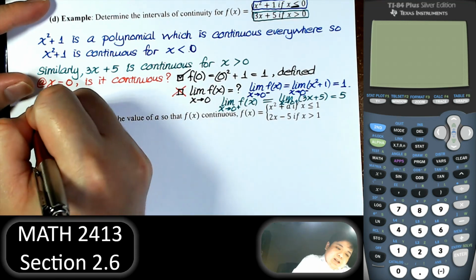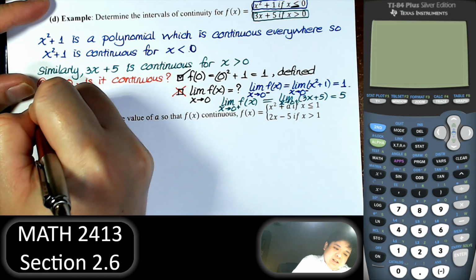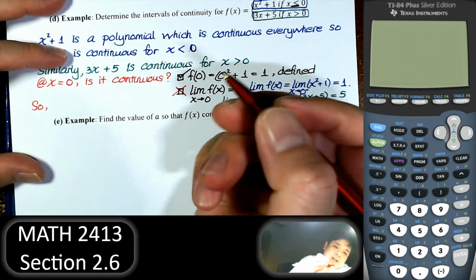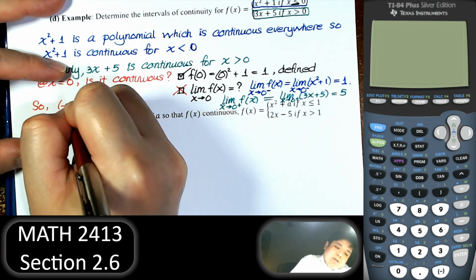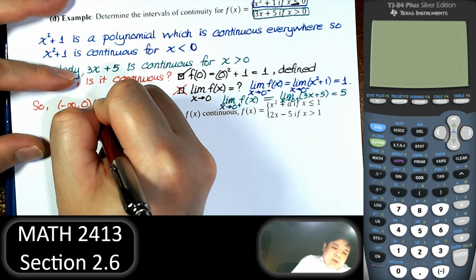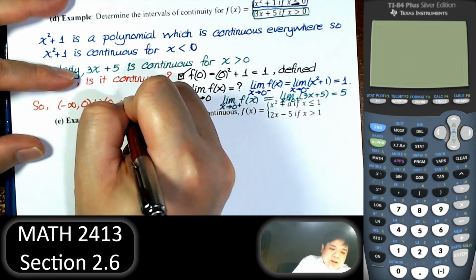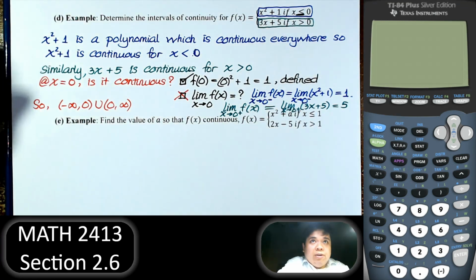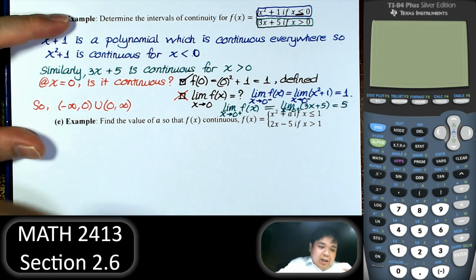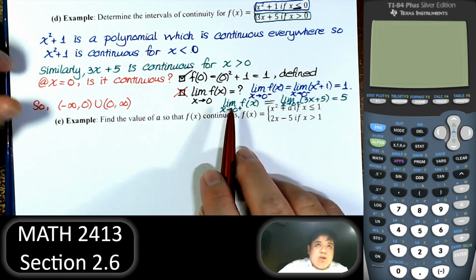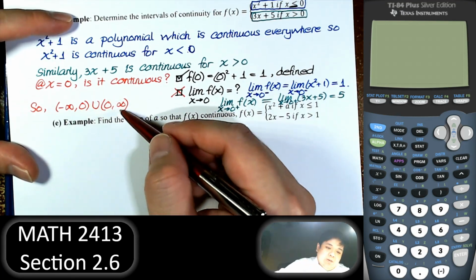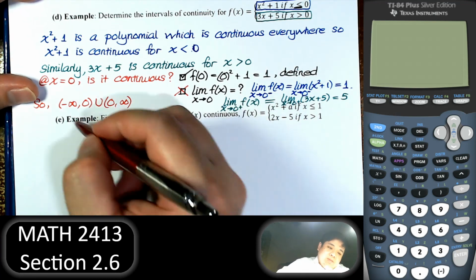The answer is the interval from negative infinity to 0, or from 0 to infinity, everything but 0, because at x equal to 0 it is not continuous. So this is the interval where the function is continuous.